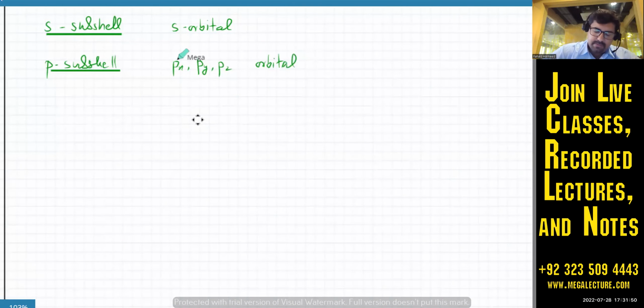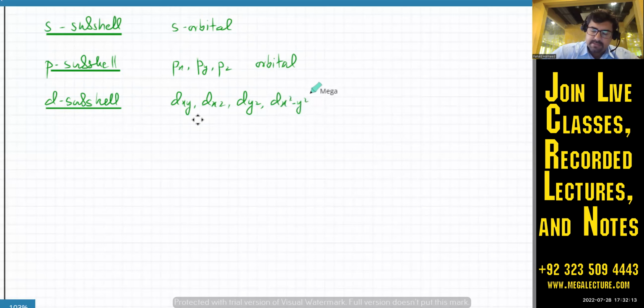Then you have the D subshell. When you talk about a D subshell, you're talking about all the 5 d orbitals together. So it's dxy, dxz, dyz, dx square minus y square, and dz square.